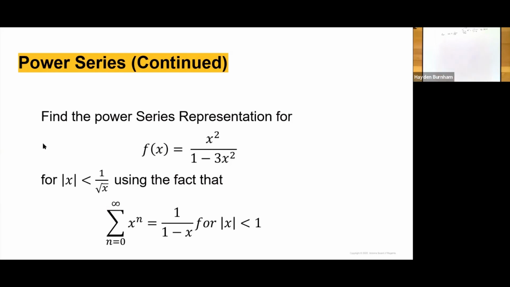This is more of moving in the other direction. We're given this function, and we want to represent it as a power series. We're also given this other formula down here.